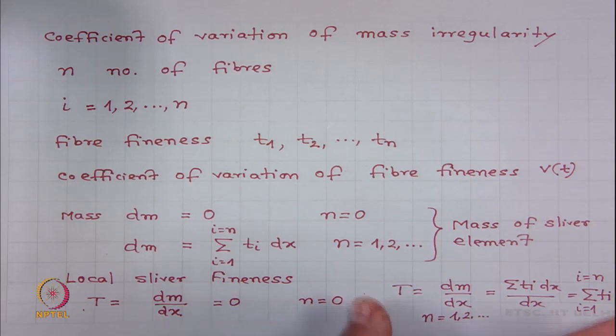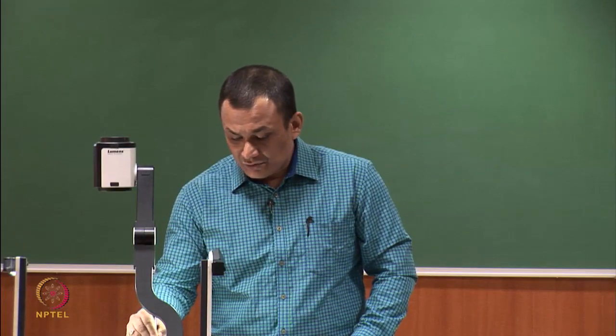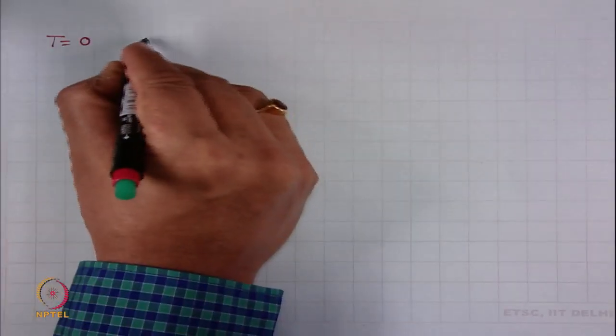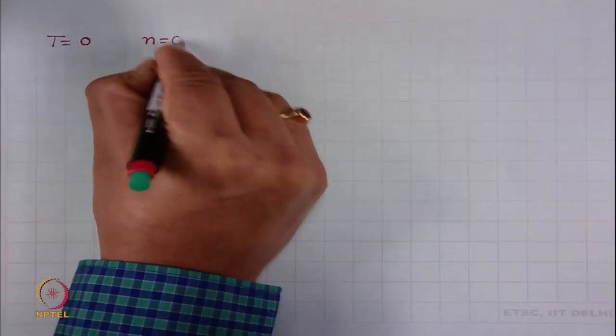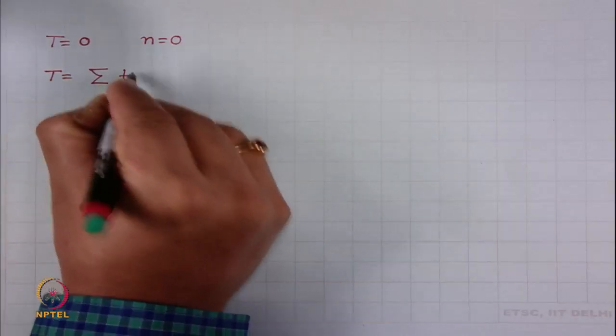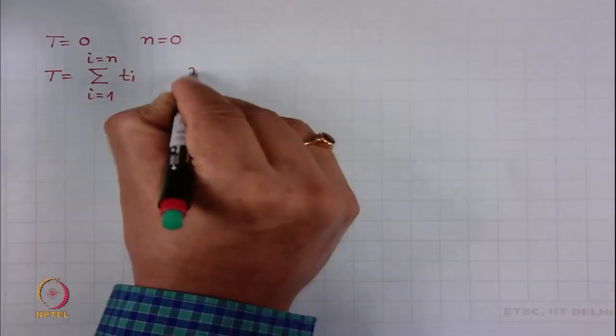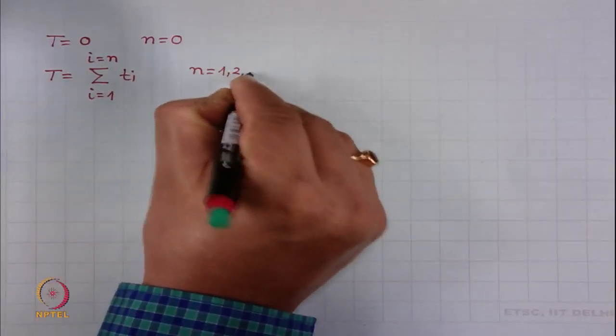right, and how is this related? T can be 0 when n is equal to 0, else T will be the summation of Ti from 1 to n when n is equal to 1, 2 and so on.